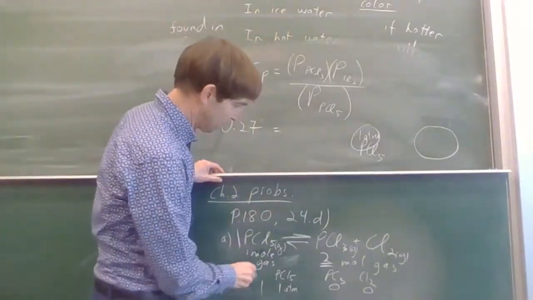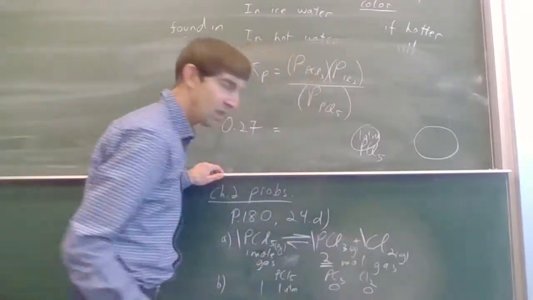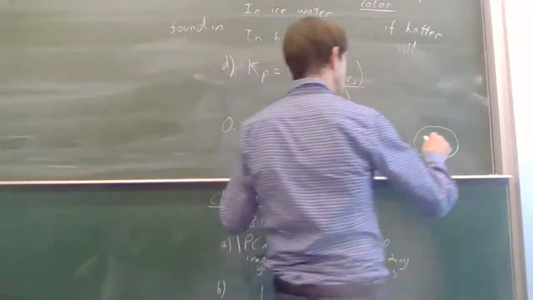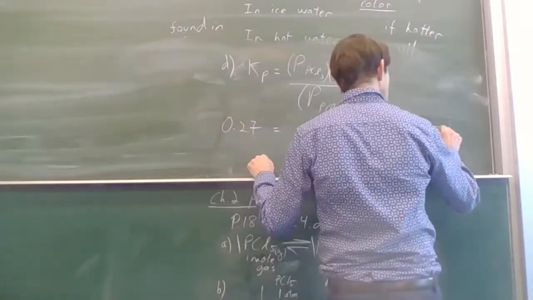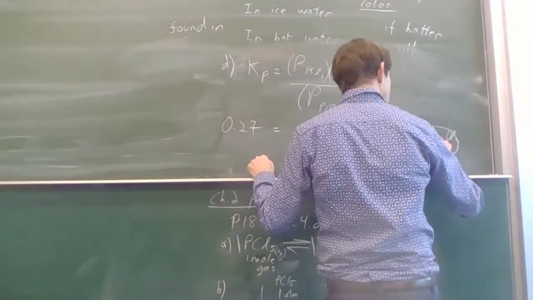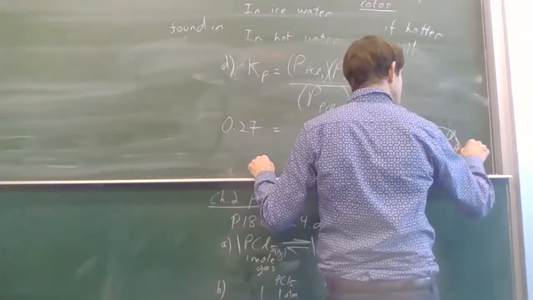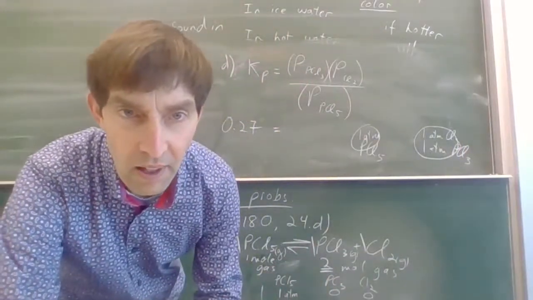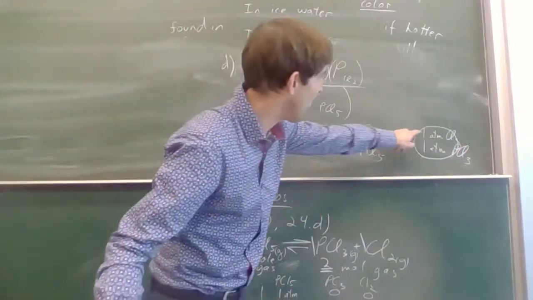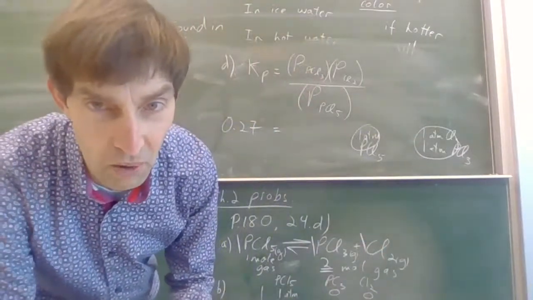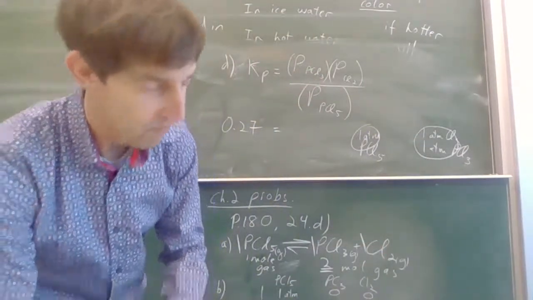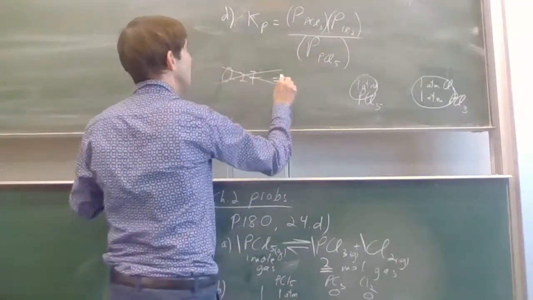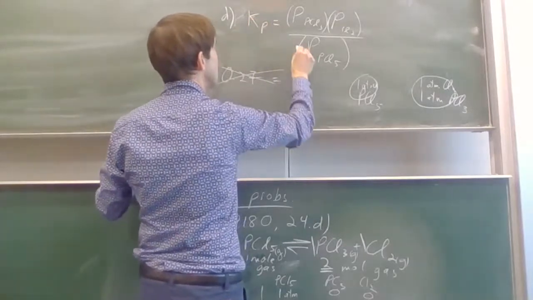So if one of that completely goes to one of this and one of this, then what's my pressure, gang? So I get 1 atmosphere of Cl2 and 1 atmosphere of PCl3. And if I got 1 atmosphere of each, what's the total pressure? Hint, 1 plus 1 is. So I don't need this at all. I just need to think about it.